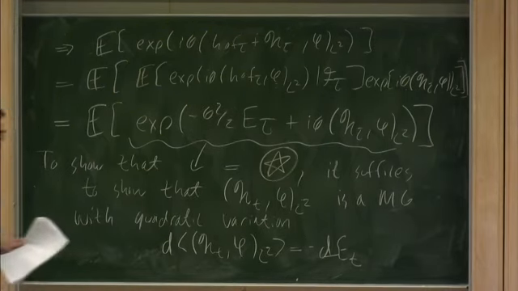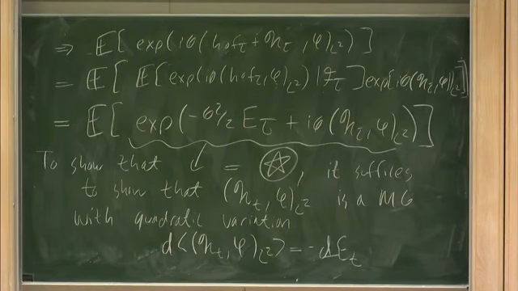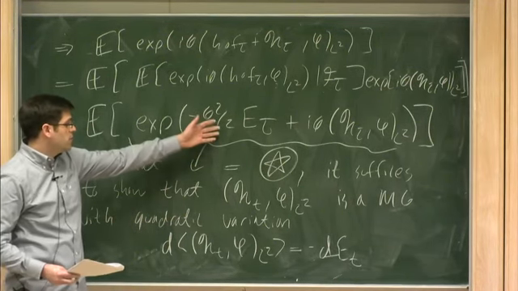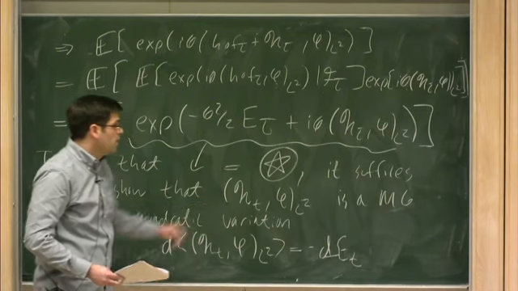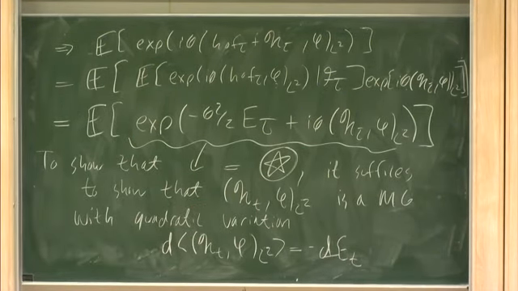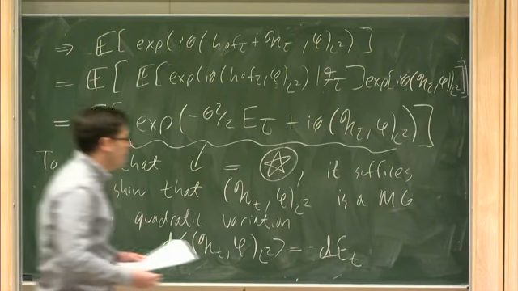Because if you show that, then this is just going to be an exponential martingale associated with this martingale, and so you're done. Okay, so that's the main thing you have to do in the proof.